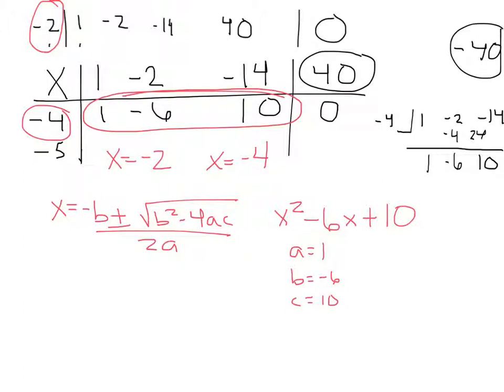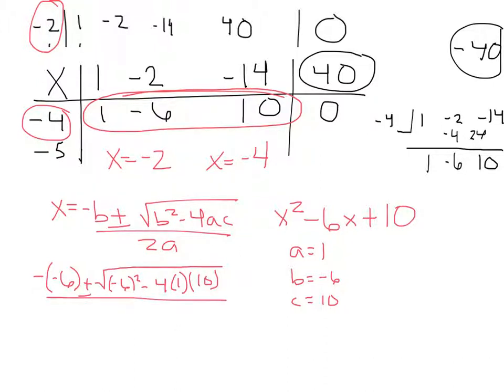So if we plug all of those values in, we're going to have negative 6 plus or minus the square root of negative 6 squared minus 4 times 1 times 10 all over 2 times 1. And if we simplify that all the way, we're going to have 3 plus or minus i.